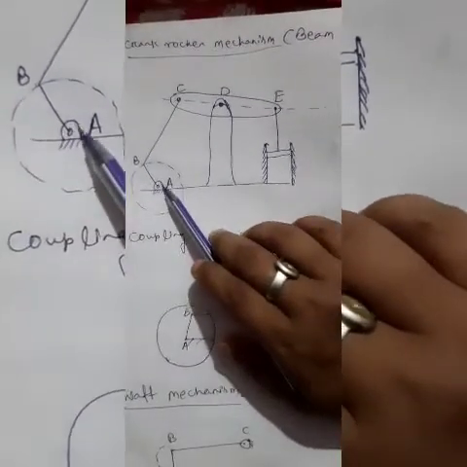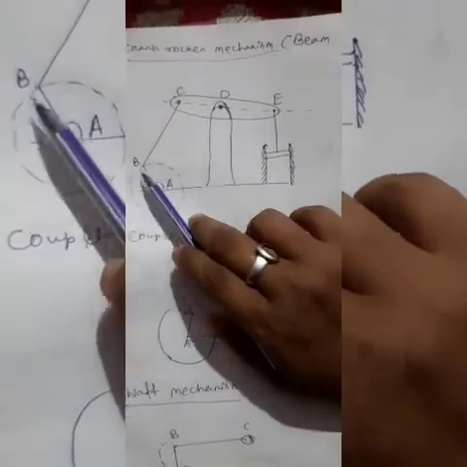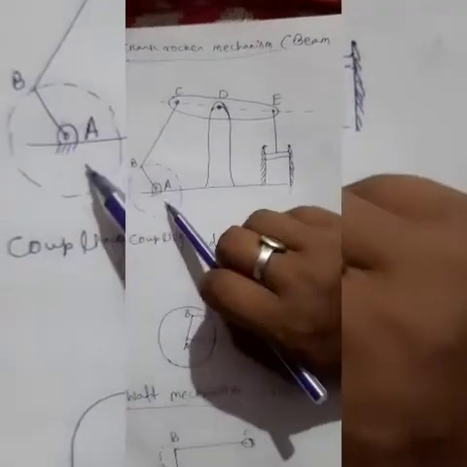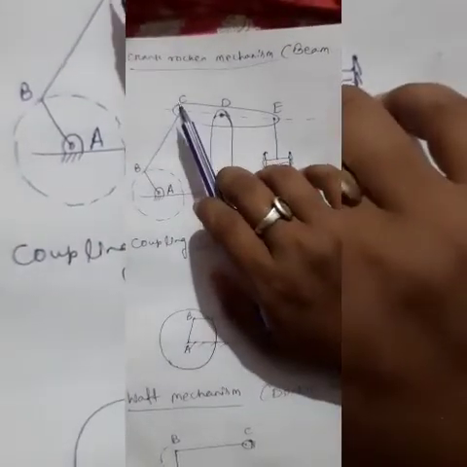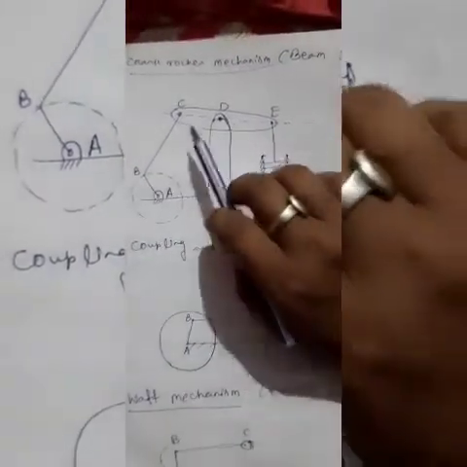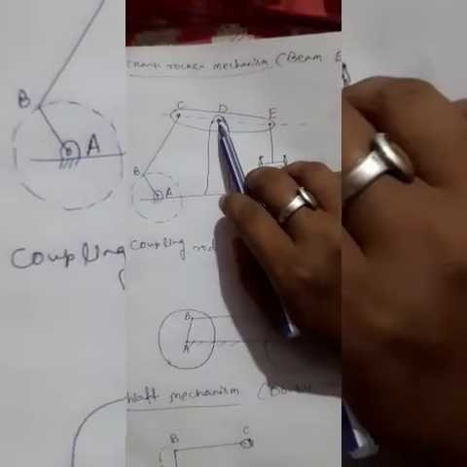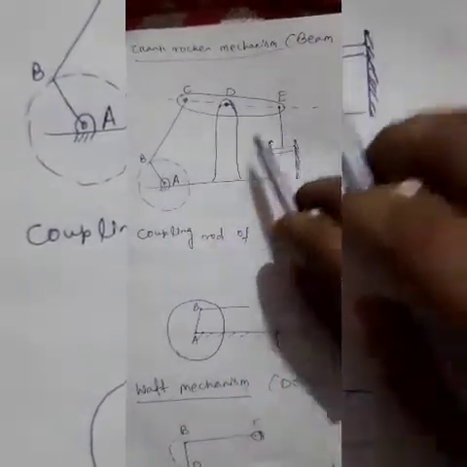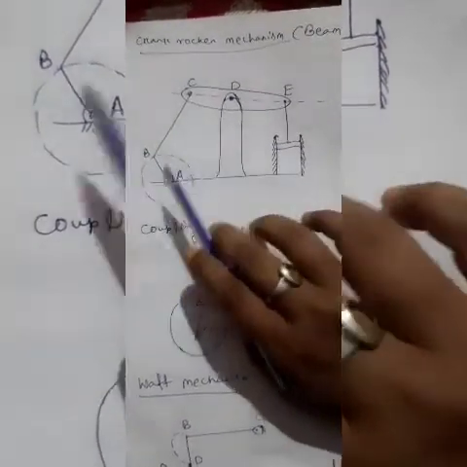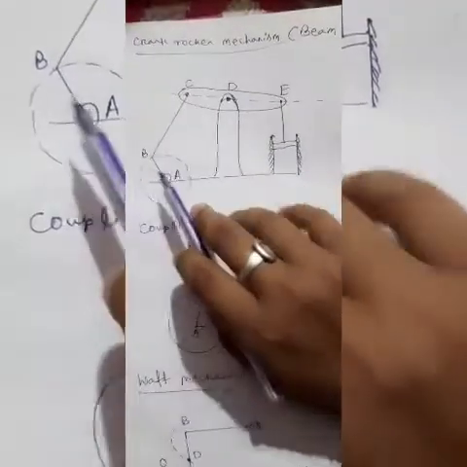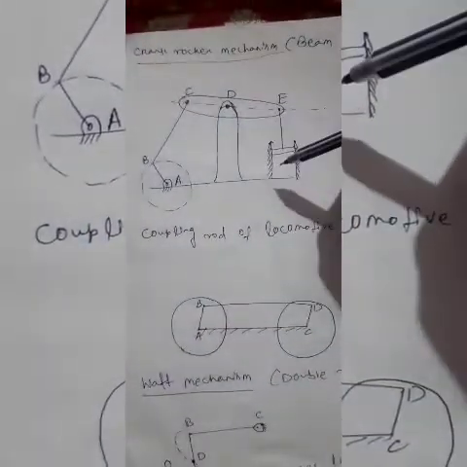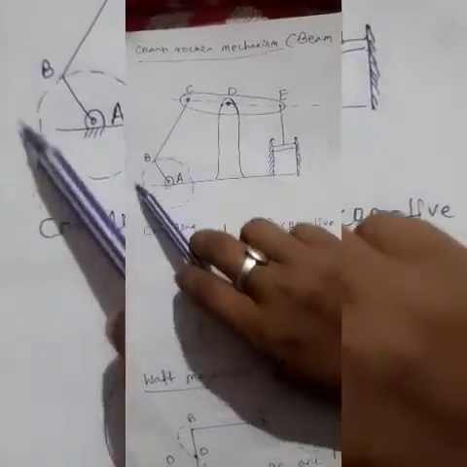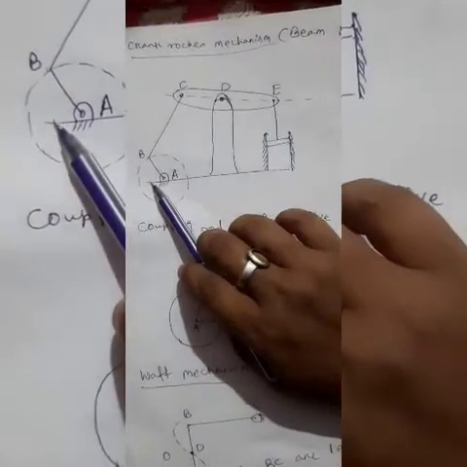AB is the crank, and it is rotating about point A, and BC is the connecting rod, and CD is the lever, and it is pivoted at the point D. So all of these are turning pairs: the fixed link, crank, connecting rod, and the lever. They are attached to a piston or a reciprocating part. So basically it is used to convert the rotary motion into reciprocating motion.